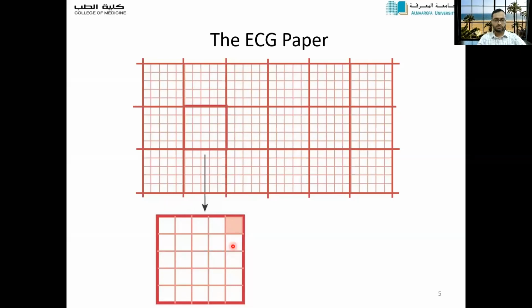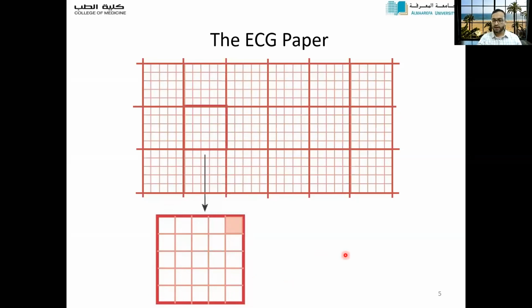Although the total number of small squares is 25 inside this square, on the y-axis it contains 5 small squares, and on the x-axis it contains 5 small squares. So one small square is 1 millimeter by 1 millimeter, because the big square is 5 millimeter by 5 millimeter.